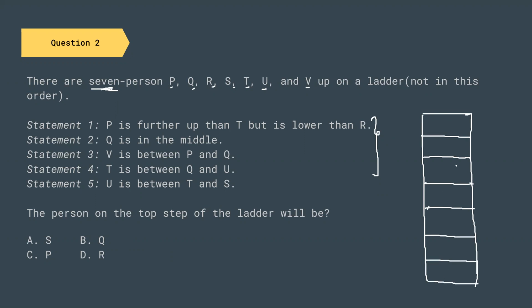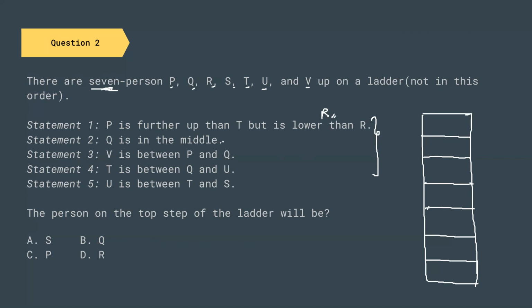So total 7 rungs. Now that we have made the total positions for the people to come in, let us see how we can place them. So P is further up than T but lower than R. This is a relative position, and because this whole stair or ladder is empty, we cannot actually work with this information.